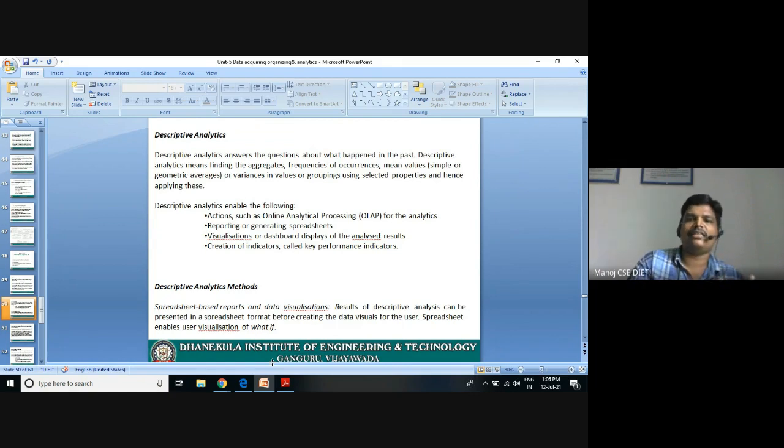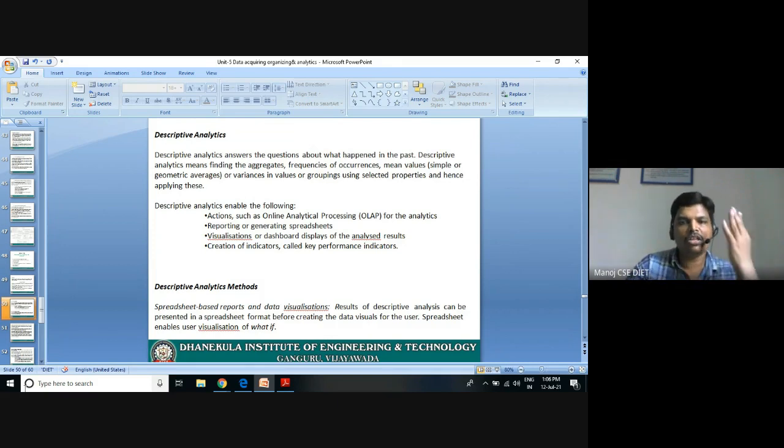The actions are online analytical processing, OLAP, for analytics, and reporting, generating spreadsheets, visualizations and dashboards, displays of the analyzed results, and creation of indicators called key performance indicators, KPI. Already we discussed KPI in the previous classes. So here there are four types: actions, reports, visualizations and indicators.